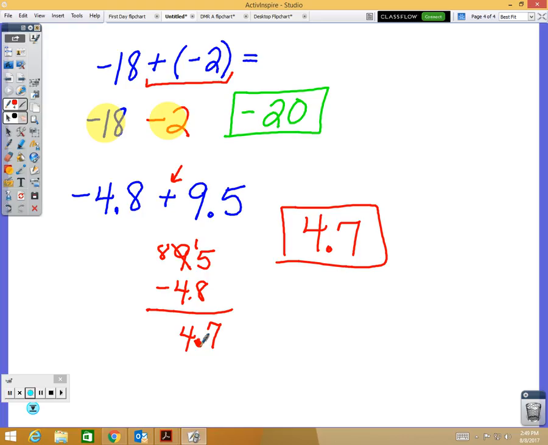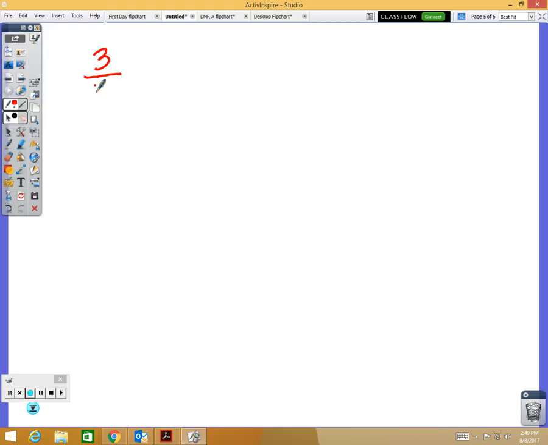All right. What if we had 3/4 plus negative 5/6? We kind of practiced fractions last Friday as our game. Some people momentarily forgot how to add and subtract fractions last Friday.